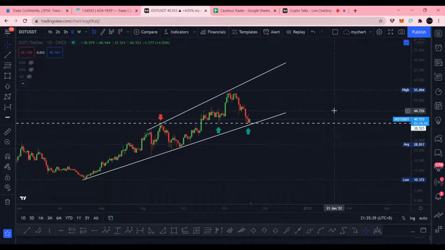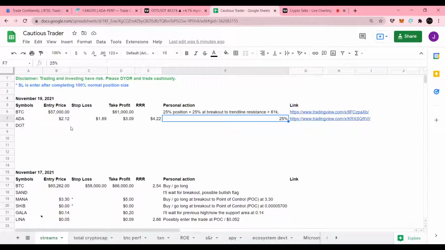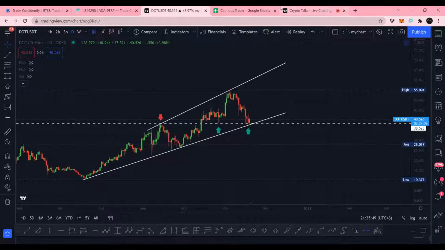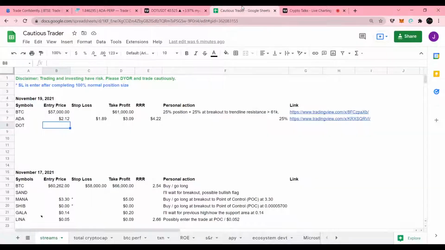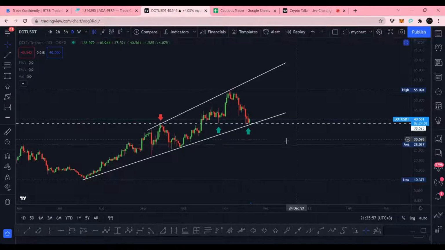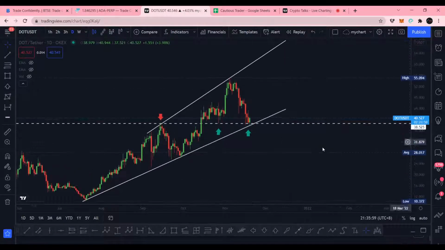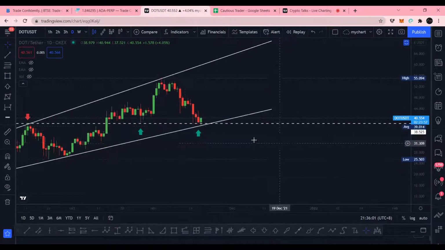Possibly, how can I trade that? If it goes at least 40, 40.5, or even at this price, if I'm going to trade that. And then stop loss, normally there's allowance on the wick, for example on this one, especially for futures if it's already 100% of my normal position size.